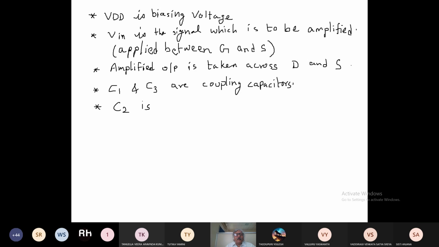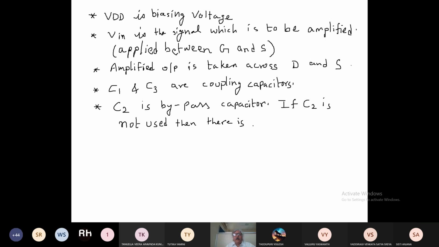C2 is a bypass capacitor. And if C2 is not used, then there is a drop in voltage gain.